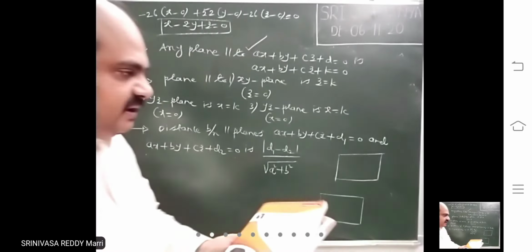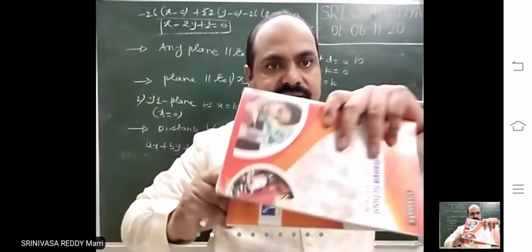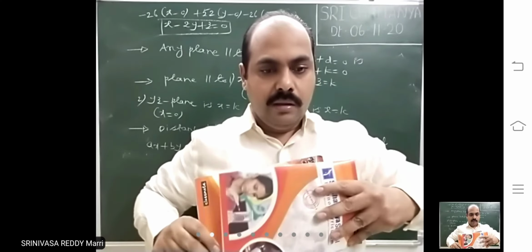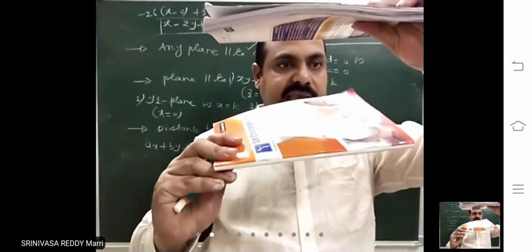Look at this diagram. Above the book, you keep one book, right? These are parallel planes, right? Below book, above book, two parallel planes. So I have represented over here, right?